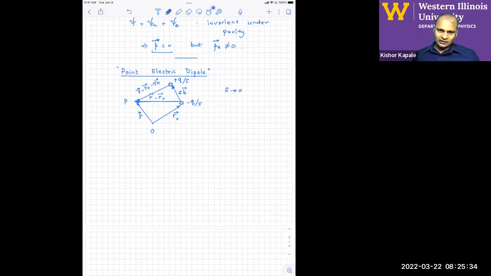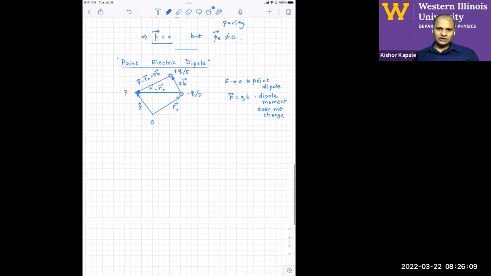Now the limit is S going to zero. That is going to be what we are going to call a point dipole. But as we go through this, we want the dipole moment to be the same, Q times B. So the dipole moment does not change as we bring the charges closer together.